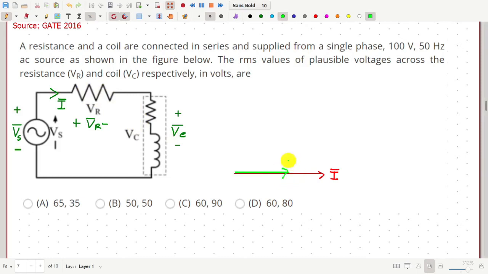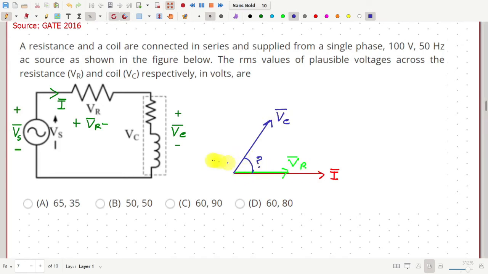So this will be VR bar, and then the coil voltage will be leading this current. So that will be somewhere here. That is VC bar.